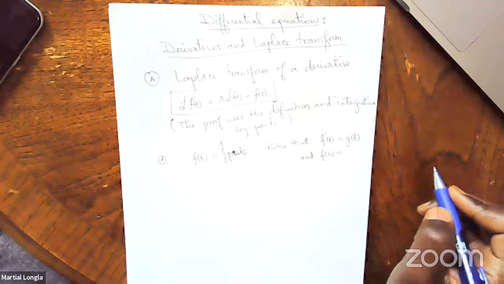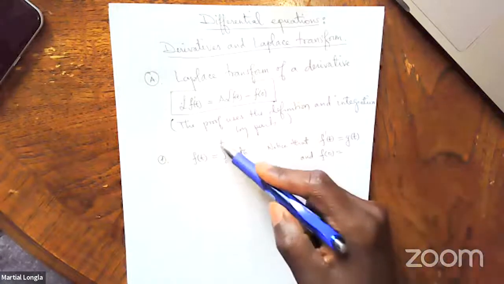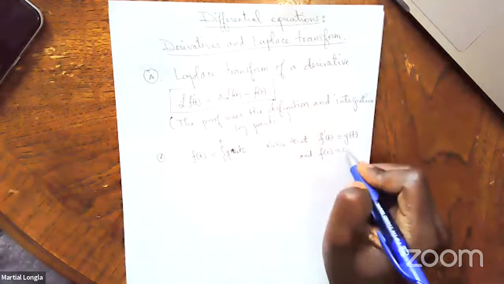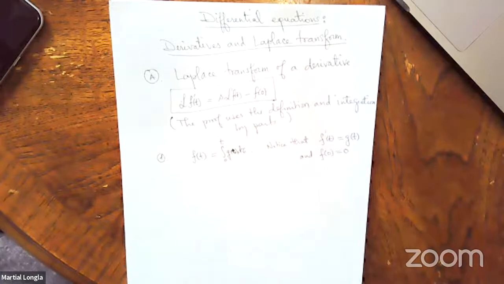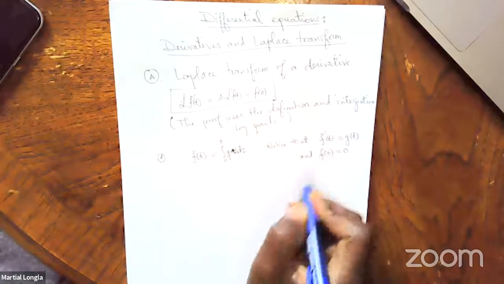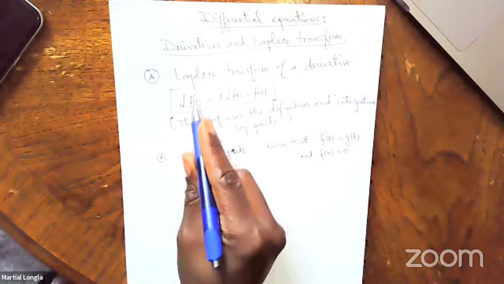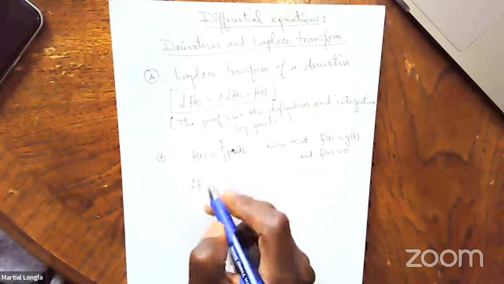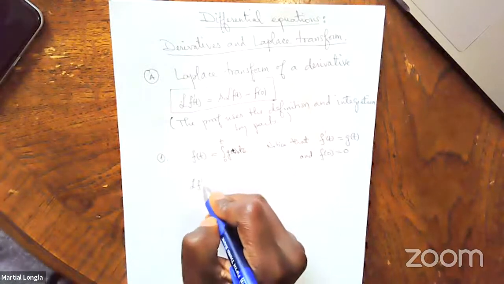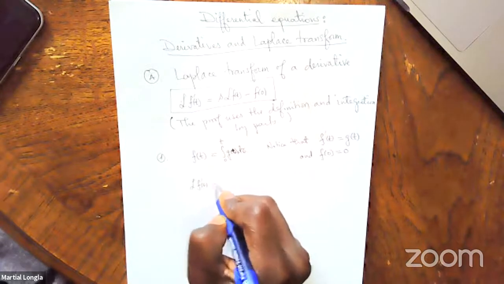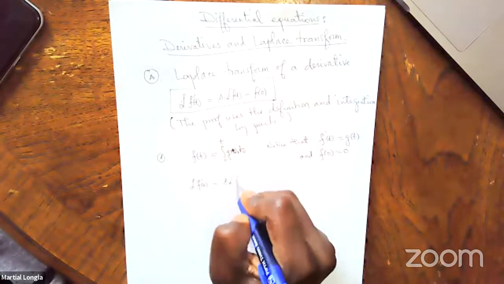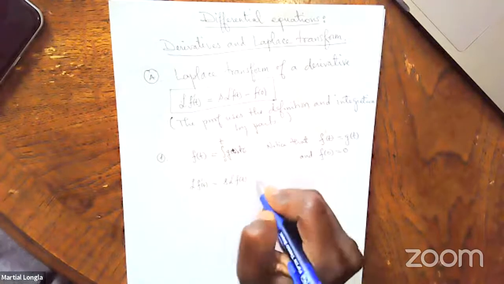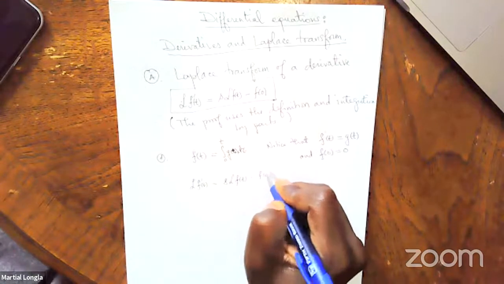Wouldn't it be 0? That's 0. The integral from 0 to 0 is 0, no matter what is the function that is inside. So, that being said, if we are using this theorem, we would say the Laplace transform of f prime of t equals s times the Laplace transform of f of t minus f of 0.